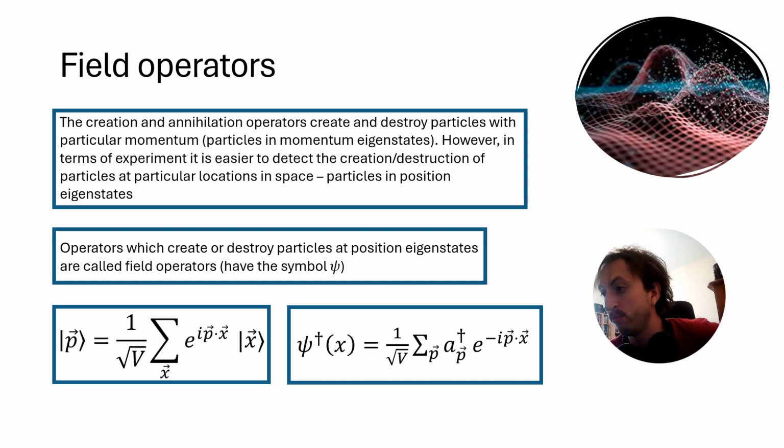Because we've got the position state, we have to rearrange, and so the summation will go to the other side, and therefore be a sum over momentum states instead of position states. And similarly, the e to the ip dot x has to go to the other side, meaning we have an e to the minus ip dot x. And in both of these equations we have the term 1 over the square root of V to deal with the fact that there has to be a probability of 1 of finding the particle somewhere in space. That is, if the particle exists and we were somehow to put detectors at every location in the universe, the particle would show up in one of these detectors.